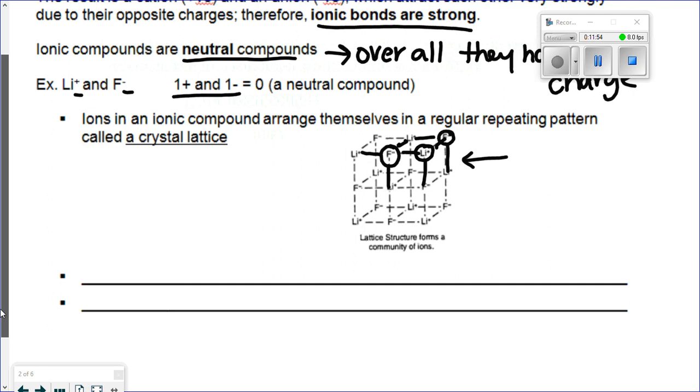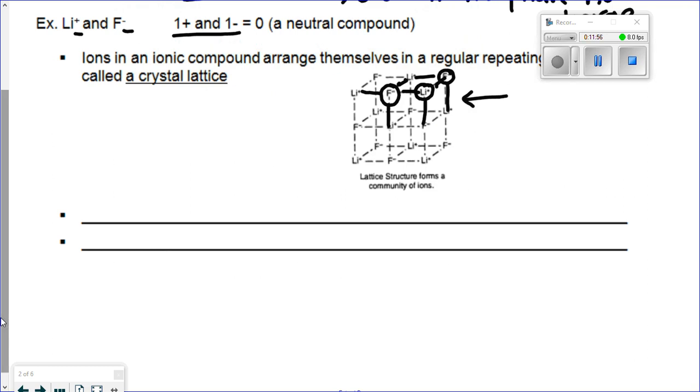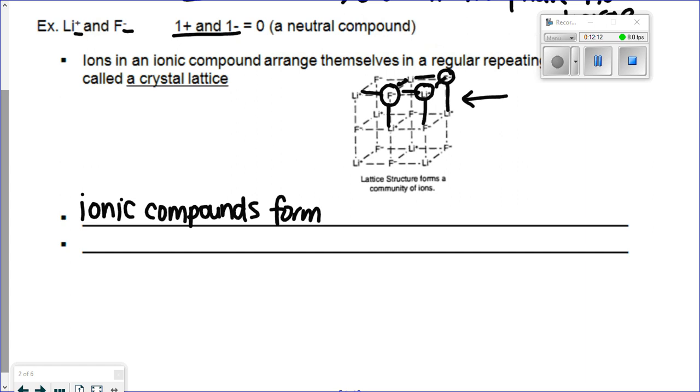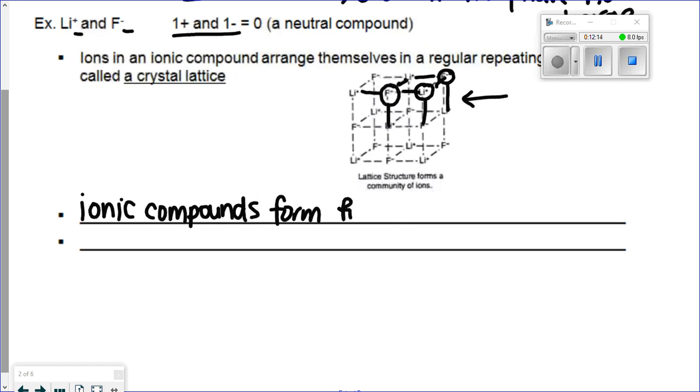We'll just be talking about formula units though, which I guess I should explain. So ionic compounds form formula units.